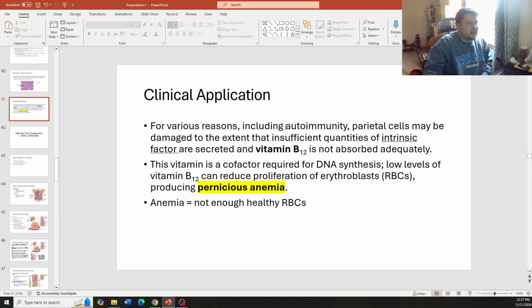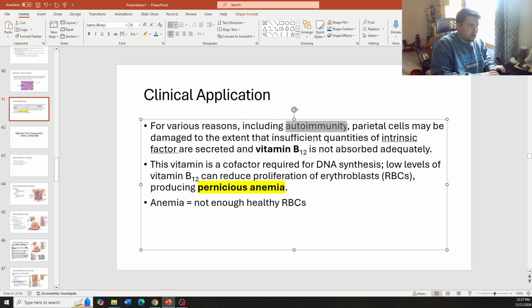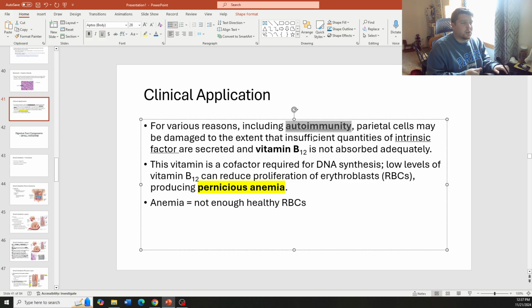The two big causes for not enough intrinsic factor is it can be an autoimmune condition, so like our own immune system is attacking the parietal cells, or it can also be age-related.